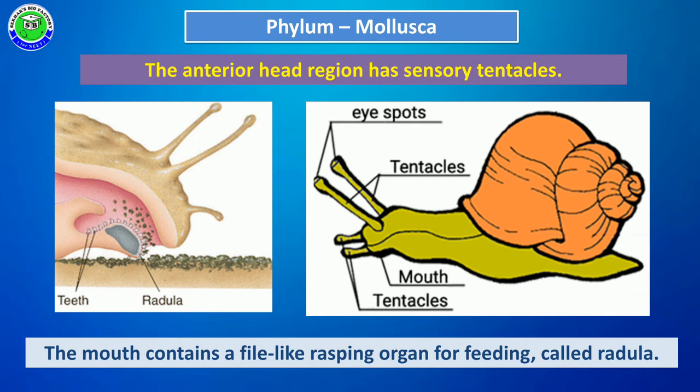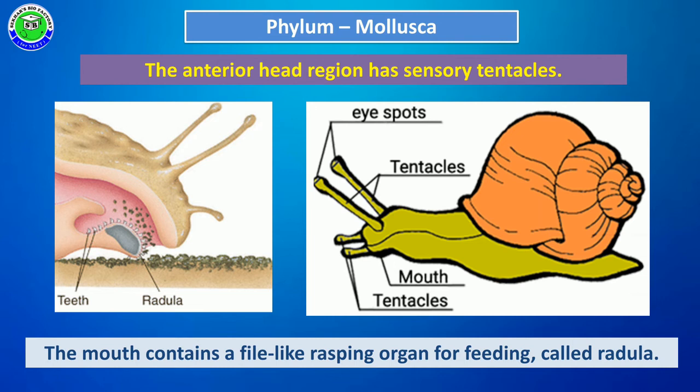One of the important characteristic features of all Mollusca members is that in the head region it consists of a mouth, and inside this mouth it contains a file-like rasping organ called radula. The presence of radula is another important character of Mollusca members. This radula helps in rasping of food materials.